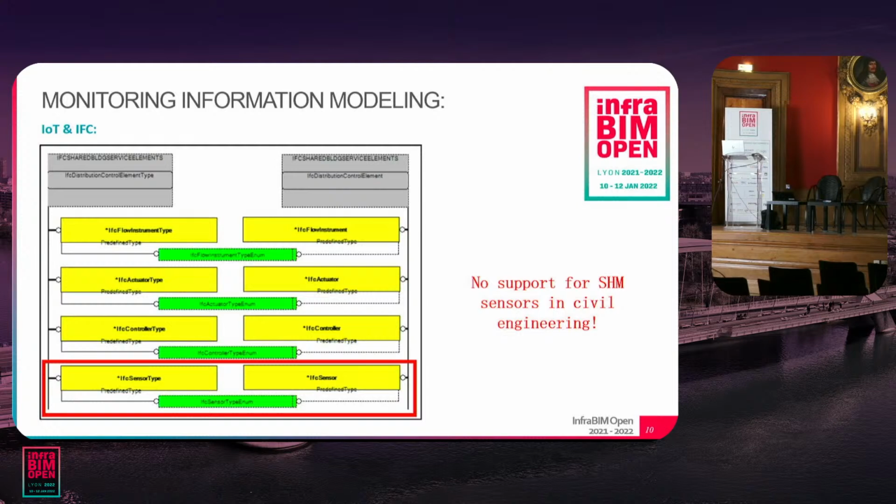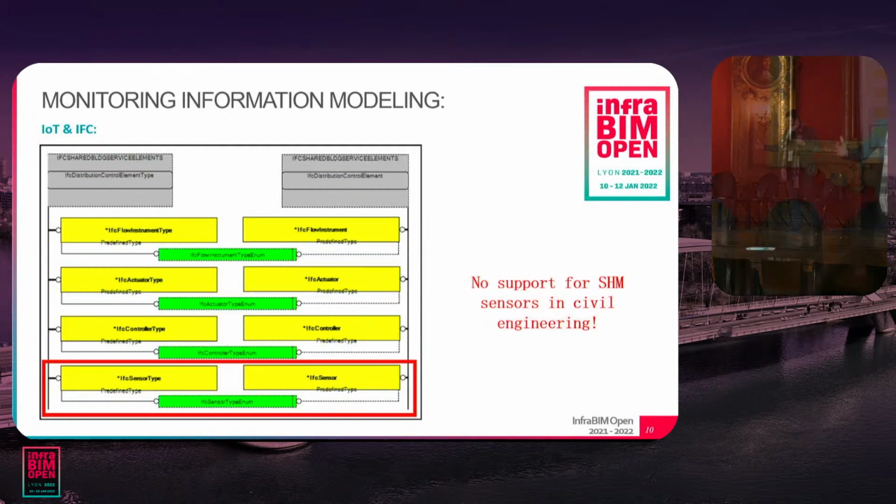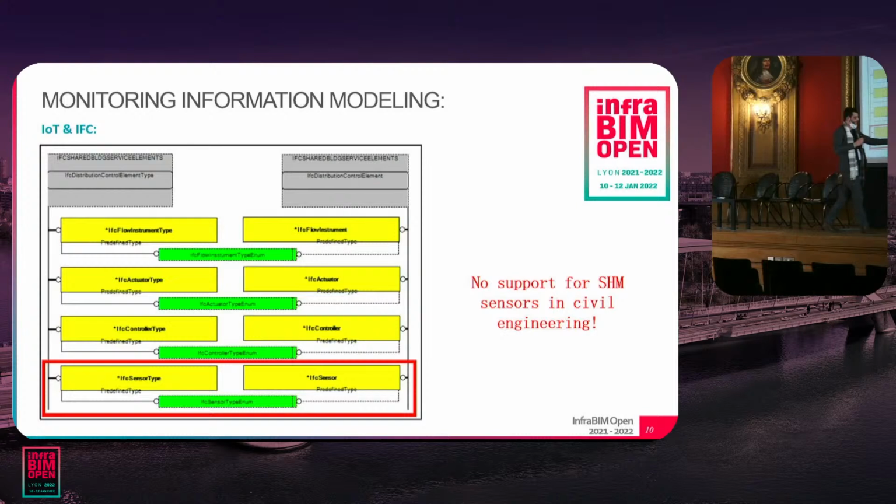So I mean that here in the IFC sensor type enumeration, we do not have an exhaustive list of the sensors that we have in our system. We have a sensor of temperature, a sensor in building, something in building, but in the case of our structure, we have a lot of sensors that do not figure here.